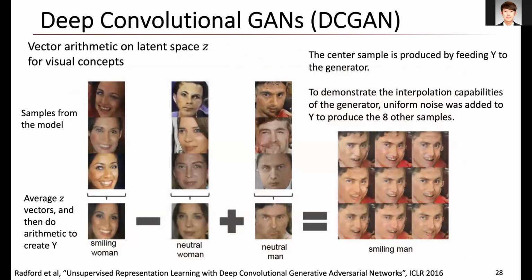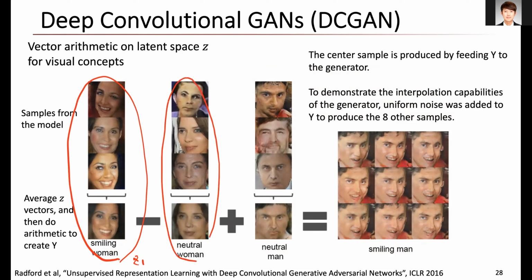So they showed another very interesting application, vector arithmetic on the latent space Z for visual concepts. This is the image generated by latent vector Z1. When you see these generated images, they look like a smiling woman, and another Z2 generates a neutral woman, and another latent vector Z3 generates a neutral man.